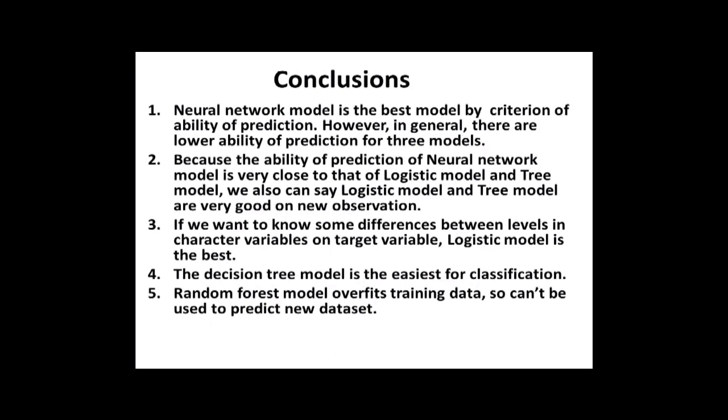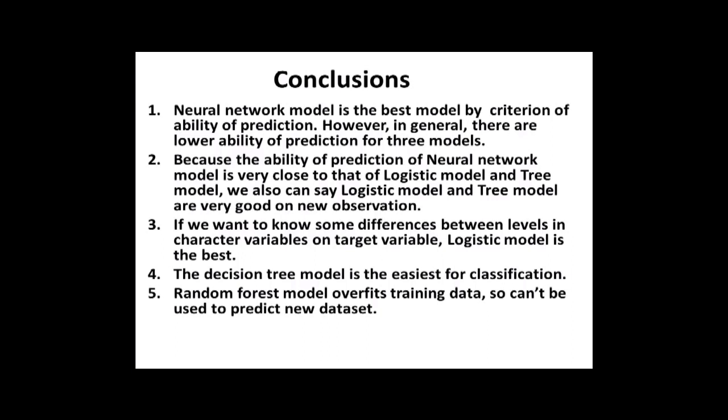Conclusion. 1. The neural network model is the best model by the criterion of ability of prediction. However, in general, there is lower ability of prediction for the 3 models. 2. Because the ability of prediction of the neural network model is very close to that of the logistic model and tree model, we can also see the logistic model and tree model are good on new observations. 3.